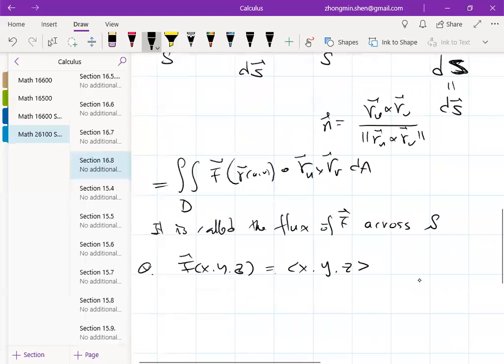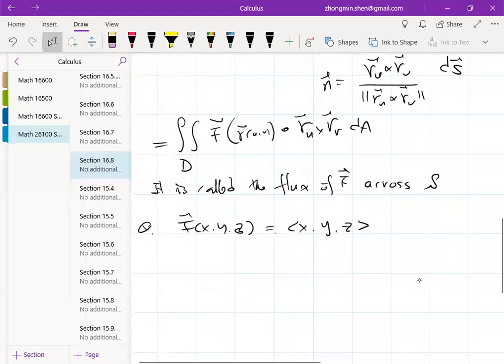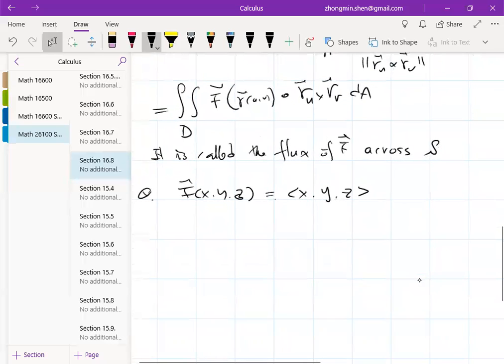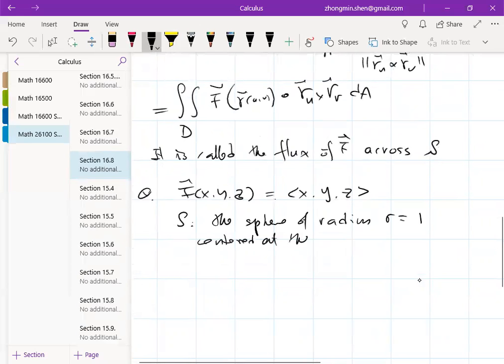This is what we call a radial vector. It points outside, and it's getting longer and longer when it's getting farther away from the origin. S is the sphere of radius r equals 1, centered at the origin.